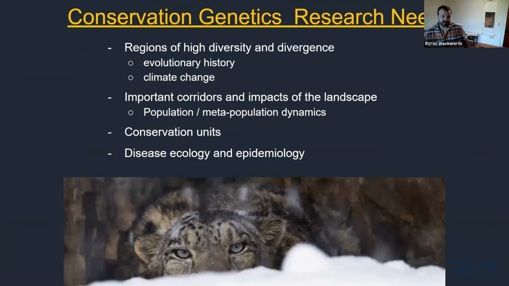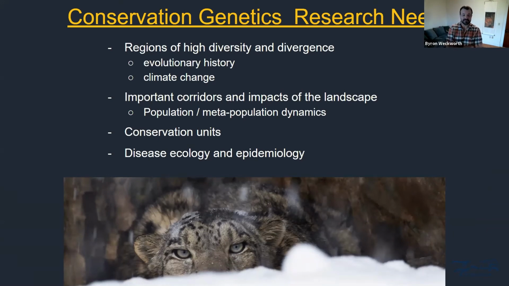Getting into some of the research needs. I think we could all, if we had a discussion, maybe reorder or add or change some of these priorities. With snow leopards specifically, given the knowledge gaps that we have and the importance of filling those gaps to better inform conservation, that starts with just understanding patterns of range-wide diversity and divergence.